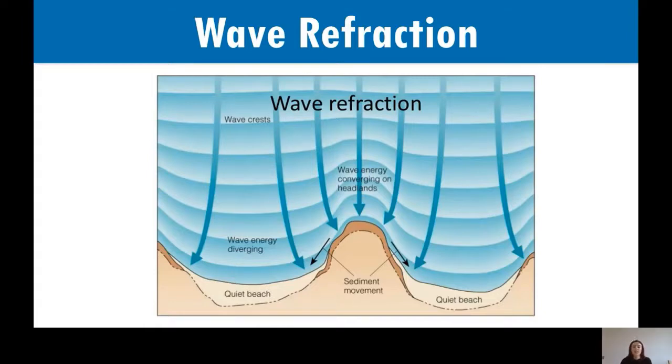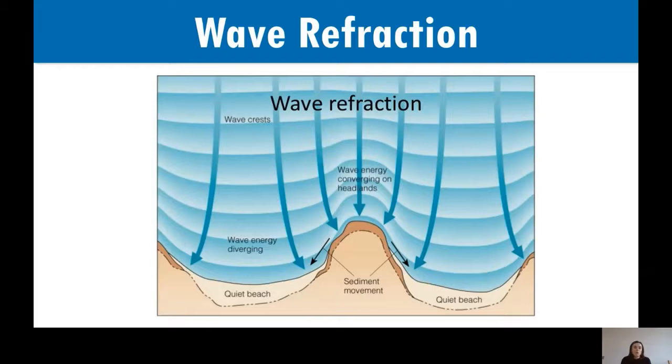So here, the energy will hit the headland first, and the headland will absorb most of the wave's energy. By the time it goes into the bay, the low energy wave then spills into the bay, as most of the wave energy is concentrated on the headland. Because it's low energy in the bay, it leads to deposition.